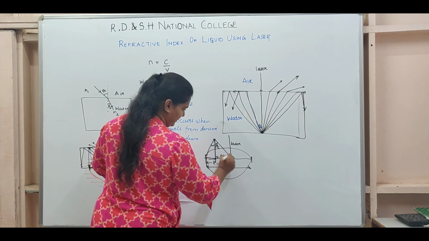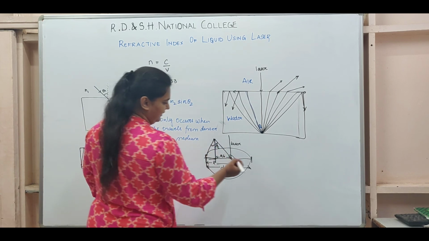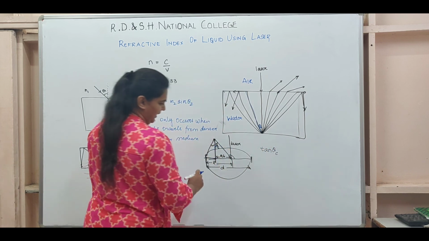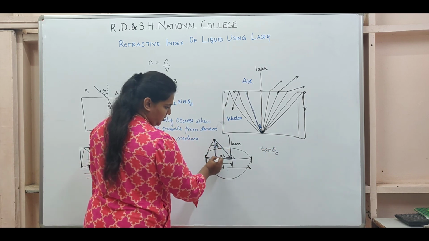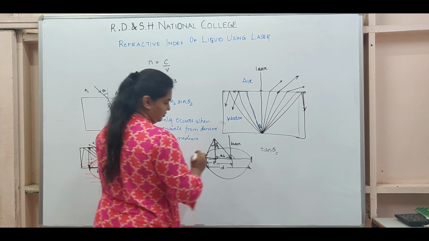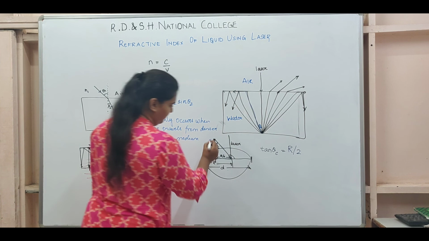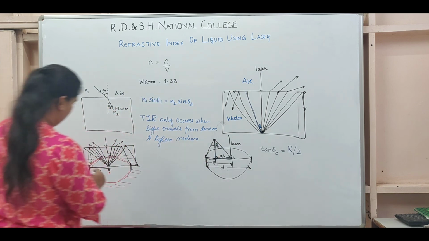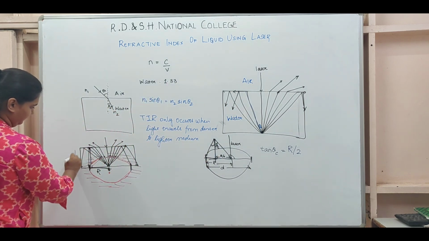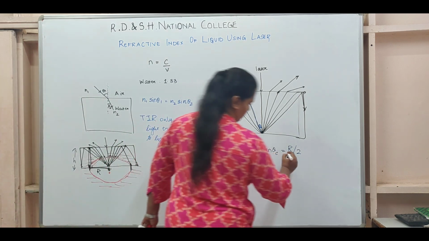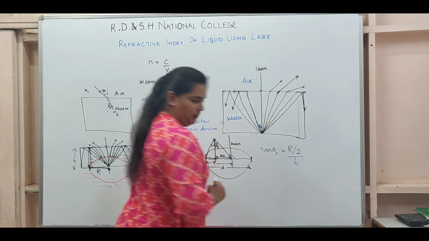So in that case, you will get tan of the critical angle theta c as opposite upon adjacent. The opposite is R by 2, and the adjacent is nothing but the height of water. So tan theta c is R by 2 upon h.